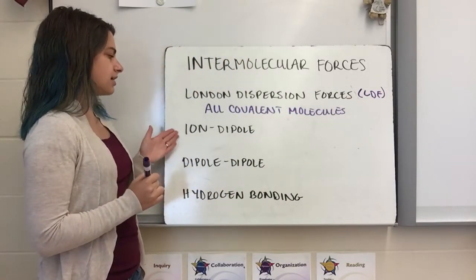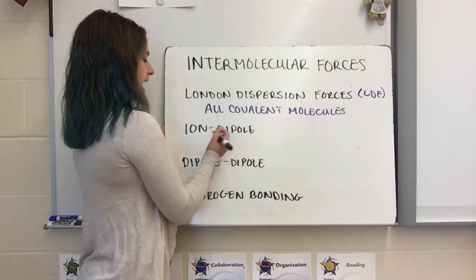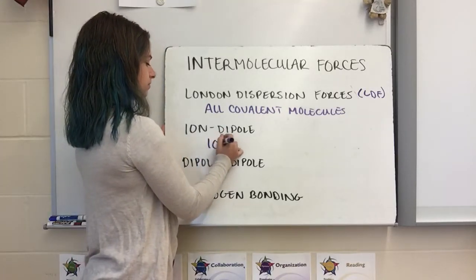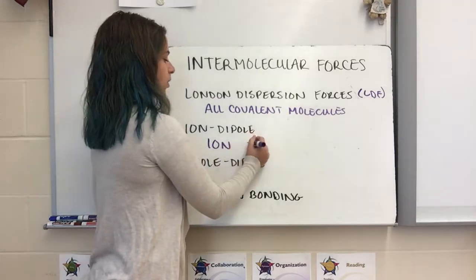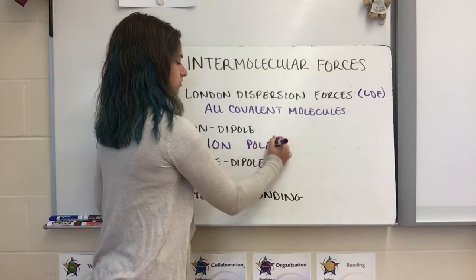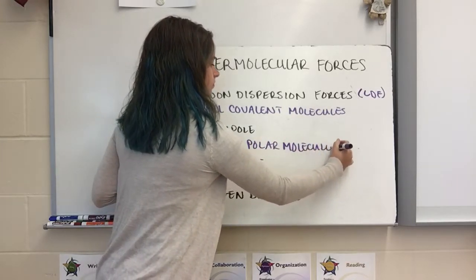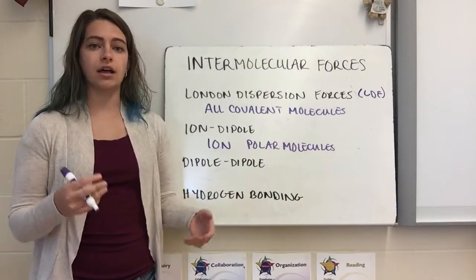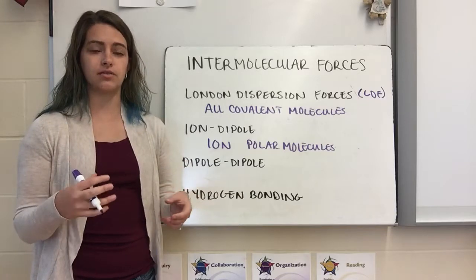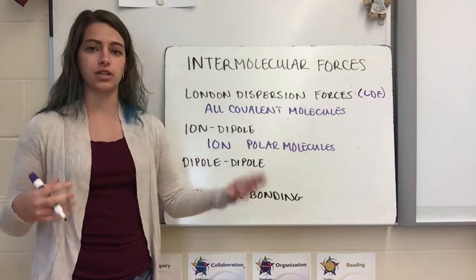The next one are the ion dipoles. So these are going to exist between an ion, or a charged particle, and a dipole, which exist in polar molecules. So a dipole is caused by those differences in electronegativities that cause the atoms to pull on the electrons more one direction than another.